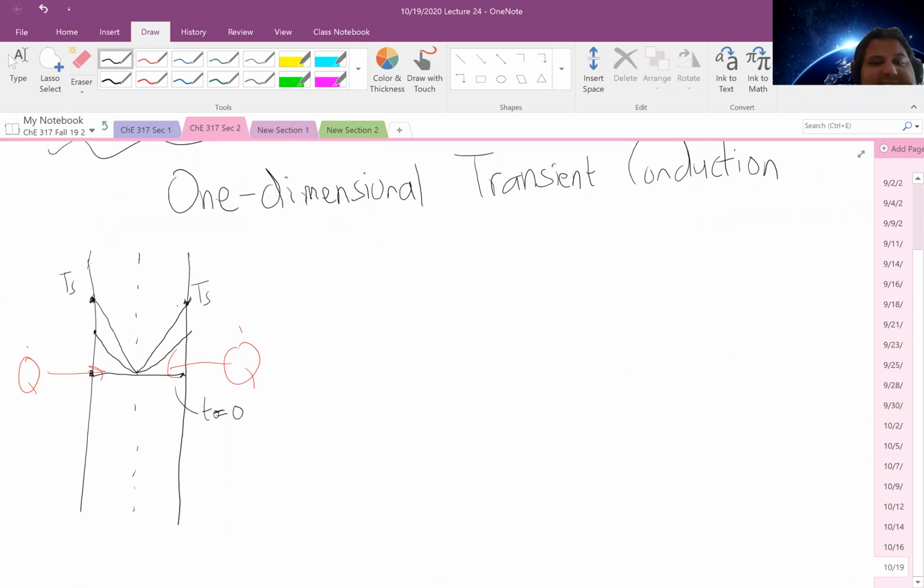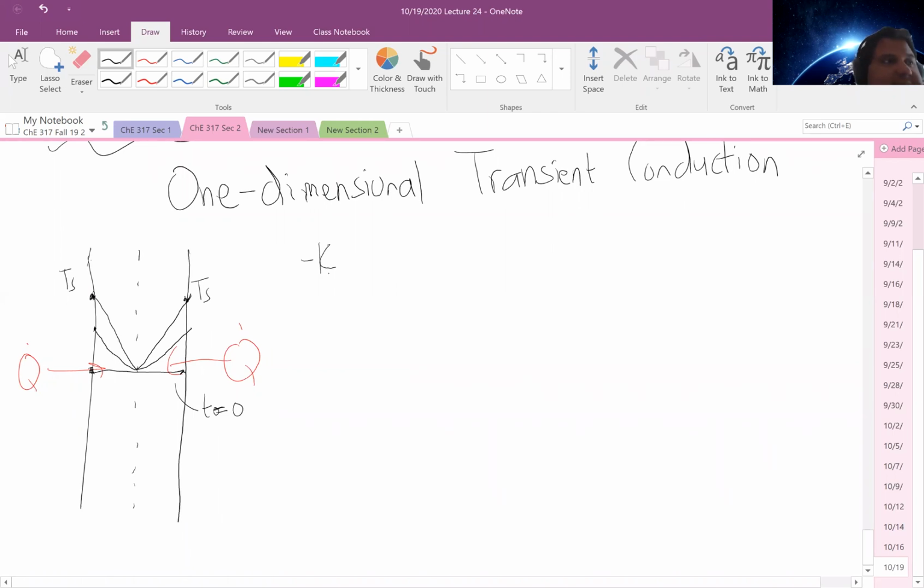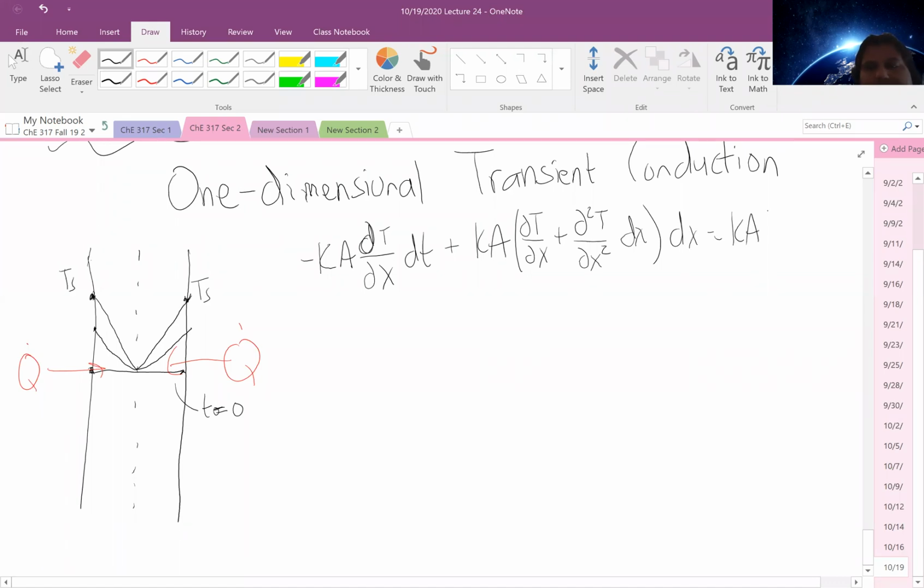And what we land up with, assuming symmetry, is an expression that looks like this.